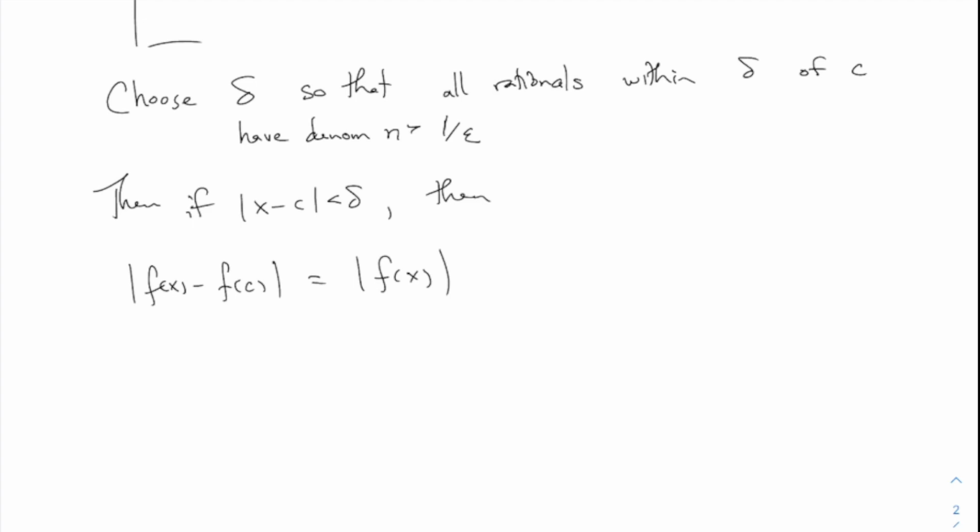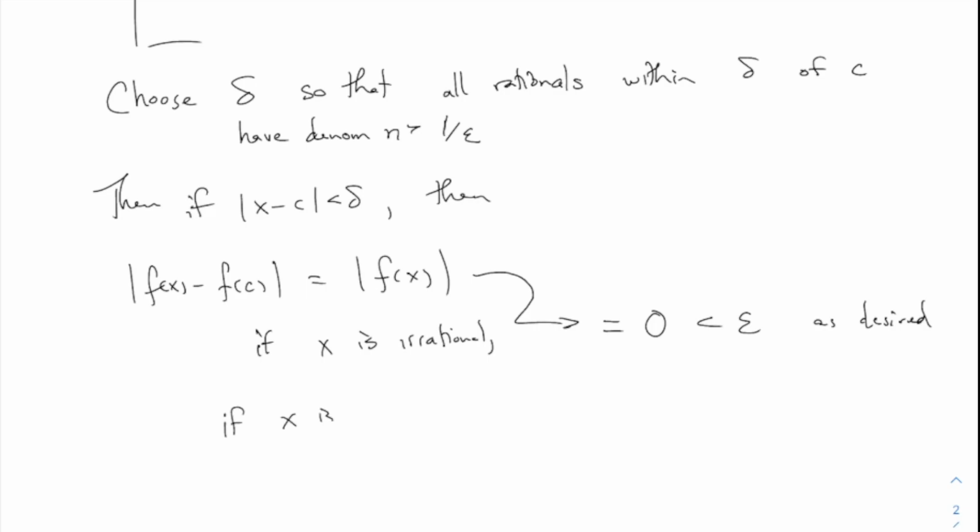But it's easy enough, because if it's irrational, then this is automatic. So if x is irrational, then this here actually equals 0, which is less than epsilon automatically. There's not really anything to show in that case. But if x is rational, that's the more interesting case.